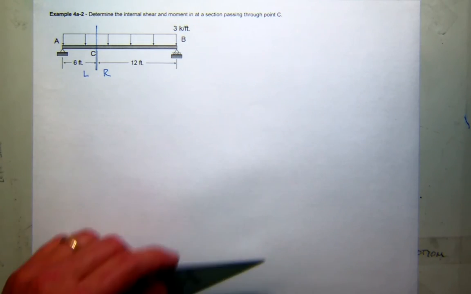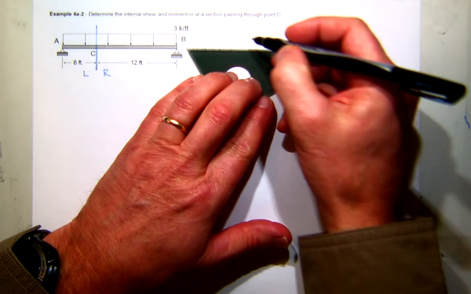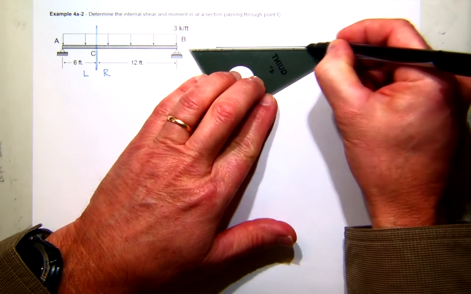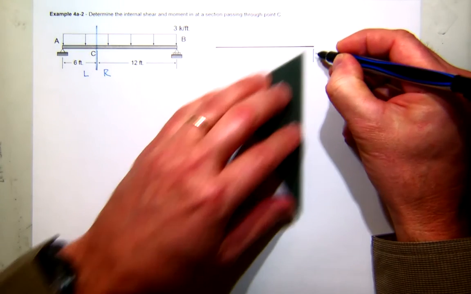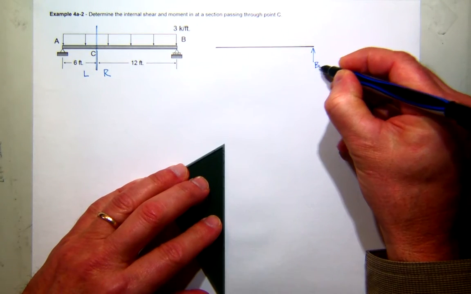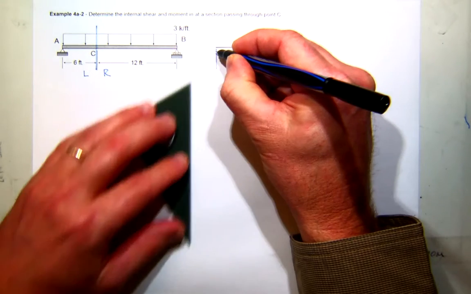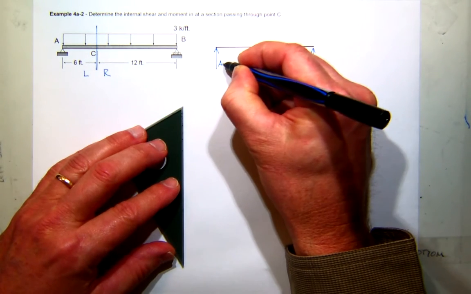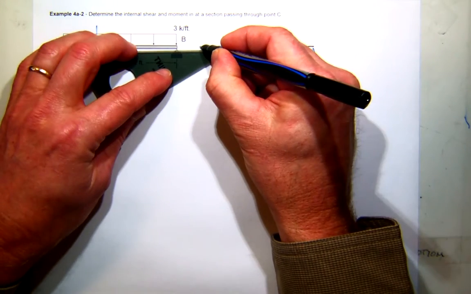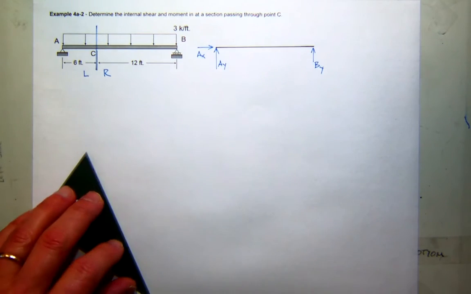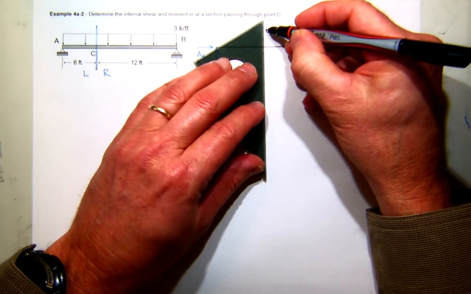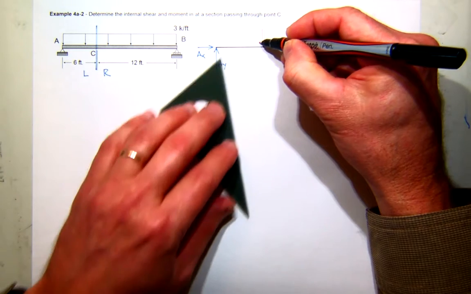So let's do that first. I'll come over here to the side and draw a free body diagram, and I will indicate my assumption for the reaction at B and the reaction at A. It is a pin, so there would be a horizontal component possibly. And then I'm also going to replace my distributed load by a concentrated equivalent.